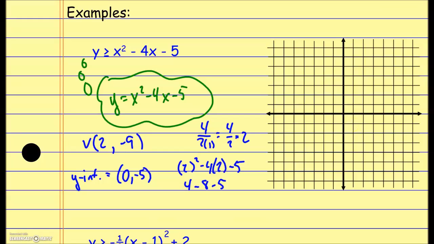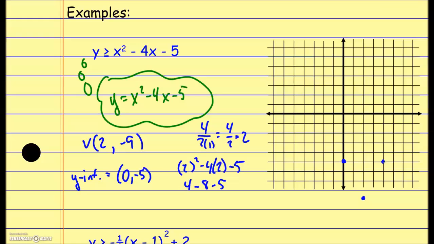And as I go to graph this thing, so let's see, I've got 2, negative 9, which doesn't look like it's going to really fit. I'll just extend the graph a little bit. So I'll do 2, negative 9. It's going to be right around here somewhere. And then the y-intercept of negative 5 is right here. I can reflect that point over my axis of symmetry, which I don't have drawn here, but that's okay.